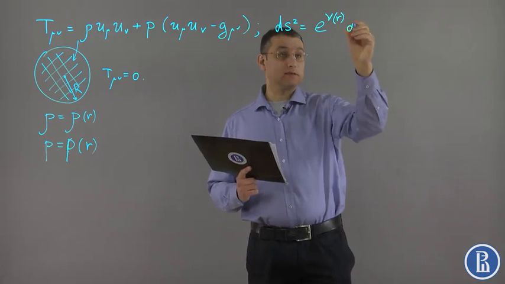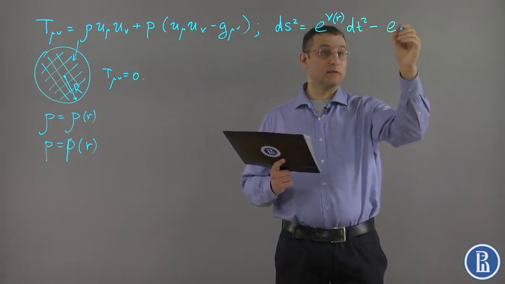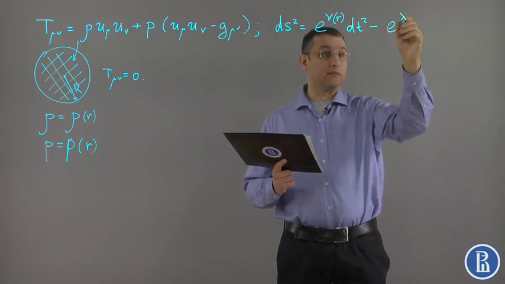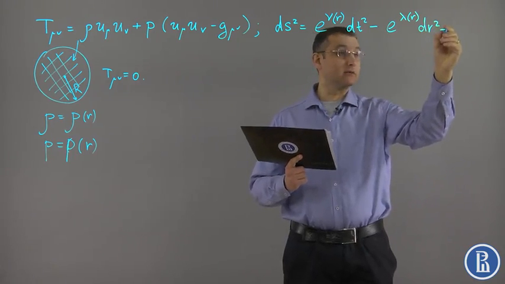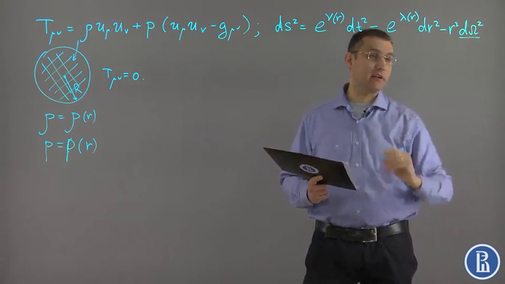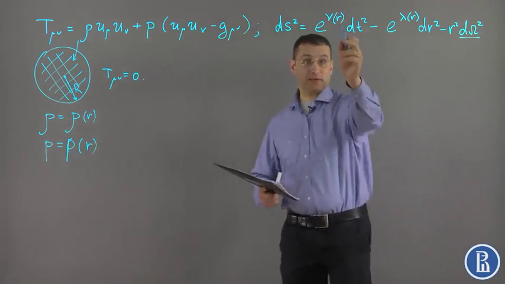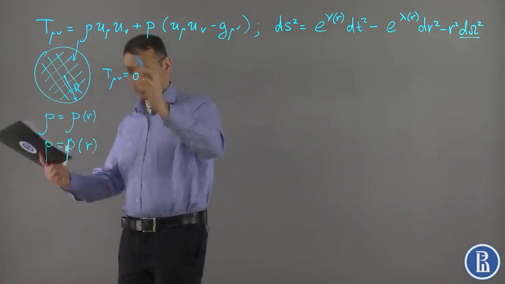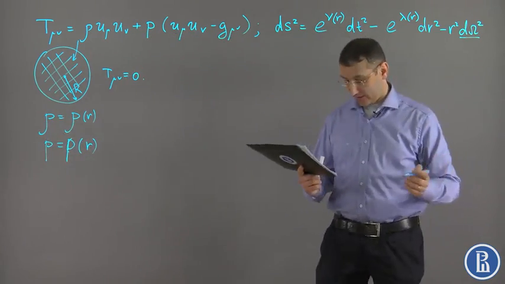So the ansatz is like this, minus exponent of lambda of r dr squared minus r squared d omega squared. And this is the metric on the unit two-dimensional sphere. So nu and lambda are functions of r, and this problem is absolutely static and spherically symmetric.